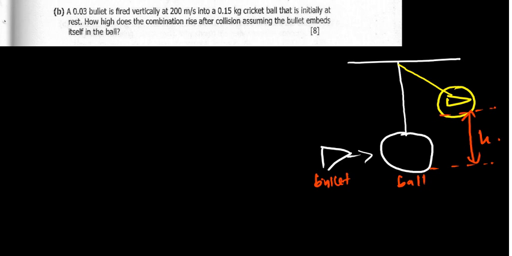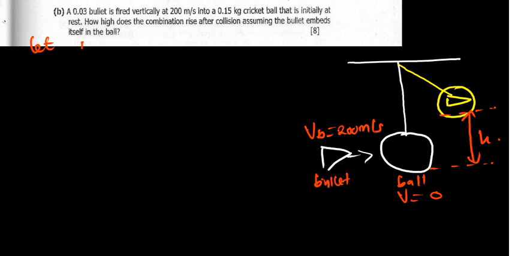Remember, we have been given the velocity of the bullet, which is 200 meters per second, but the velocity of the ball is basically 0. We also have the masses.